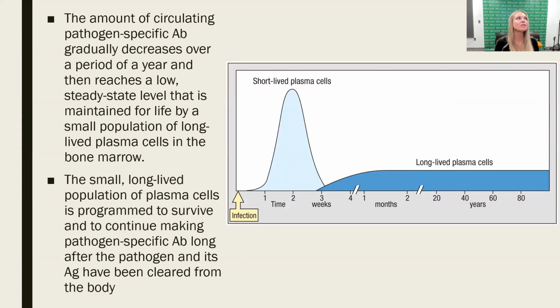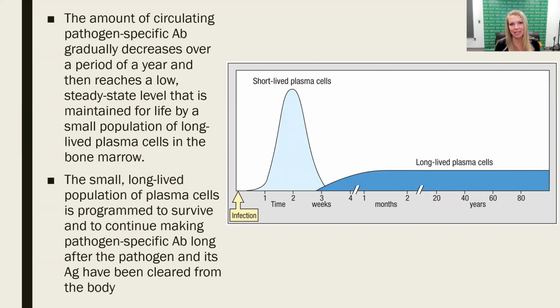Now, the amount of circulating antibody that is pathogen specific, though, will decrease over time. Those plasma cells are not going to continually make antibody against everything we've ever been exposed to at high levels. It's only going to make antibody as it's needed. And so as those antibodies break down, as those plasma cells start to shut down production of that pathogen-specific antibody, the titers are going to drop.